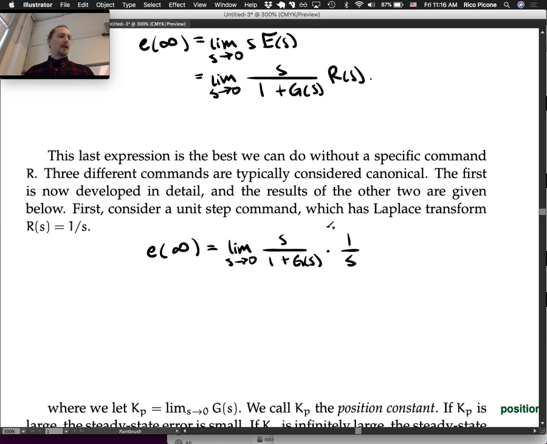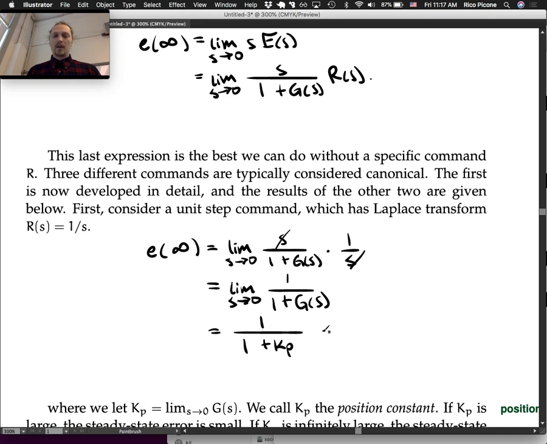We get this nice cancellation, so the s's cancel, and we get the limit as s goes to 0 of 1 over 1 plus g of s, which we're going to define a factor kp that we're going to use in this expression.